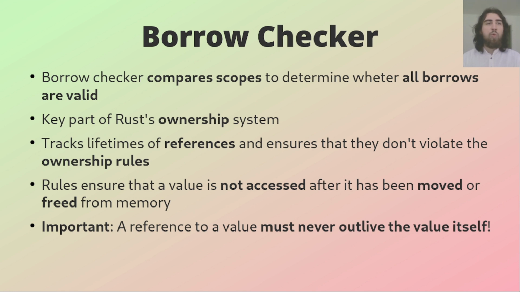These rules ensure that a value is not accessed after it has been moved or freed from memory. And important, a reference to a value must never outlive the value itself. So you have to remember especially the last line. A reference to a value must never outlive the value itself.